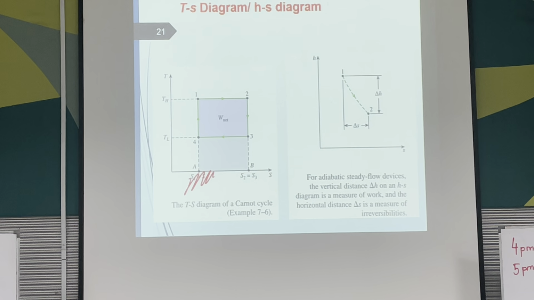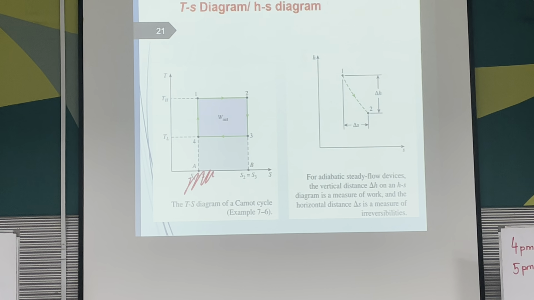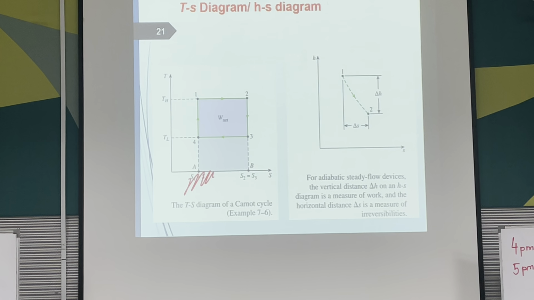It's just a square. All the expansion and compression processes, we assume them to be isentropic, because it will always be one process with heat addition, then one is work out, then the other one Q in, heat rejection, then work in. Both the compression and expansion processes we assume isentropic, so it's just a square in the end, or rather a rectangle.